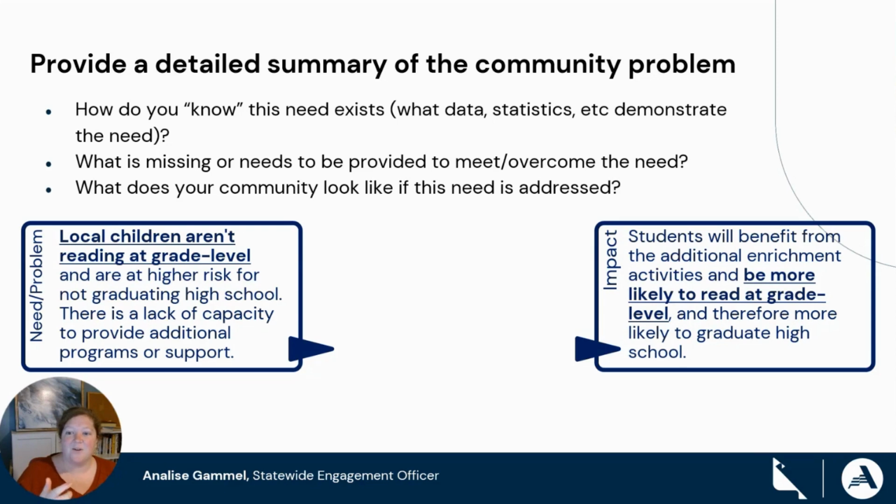So thinking about if students are benefiting from additional enrichment activities, and if they are being helped to read at grade level, then they're more likely to graduate high school on time, which is great. And so thinking about what this need looks like from a current state, giving it a perspective based on what I want to do, and then giving a little bit of a vision to what my community could look like if my need is addressed.